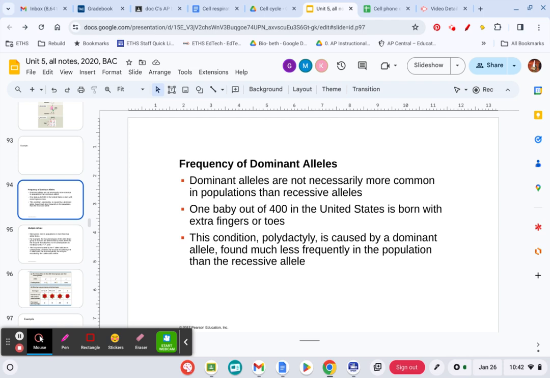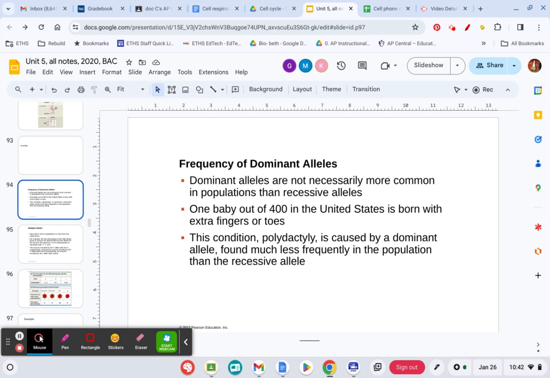For example, polydactyly is having an extra digit, an extra finger and extra toe, and it is a dominant trait. So if you have the allele, you're going to have an extra finger and extra toe. Anybody in here willing to tell if they have an extra digit? No? Probably not.